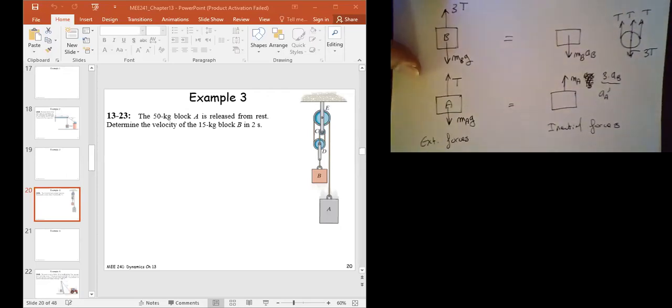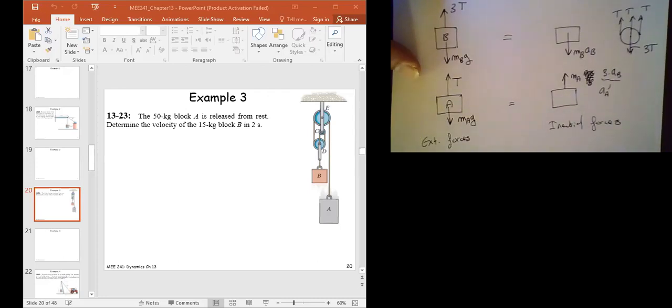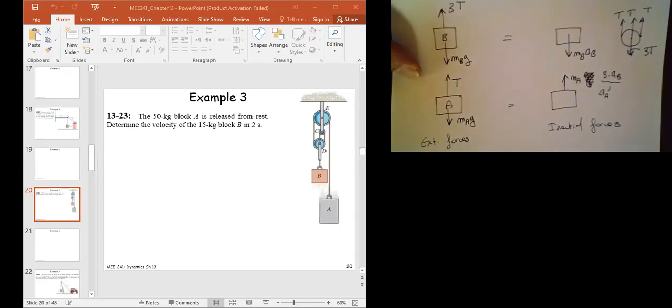What is the next step that we have to do? Sum of the forces is equal to MA. How do I do that? On each block alone. Exactly. Newton's law, sum of the forces is equal to MA, applies on every mass. And if it applies on every mass, then it applies on the whole system.